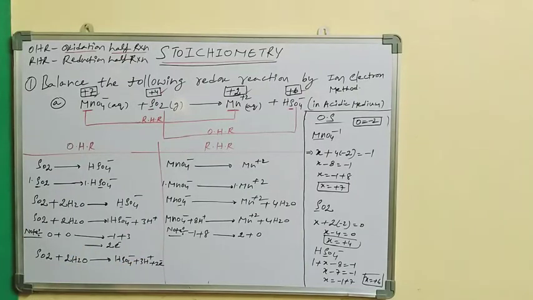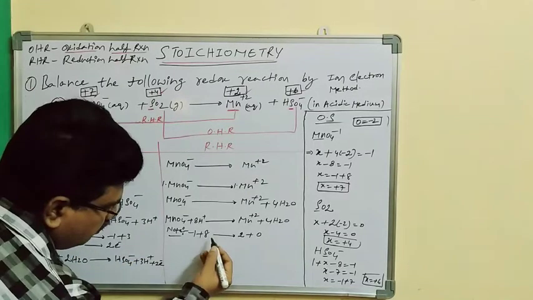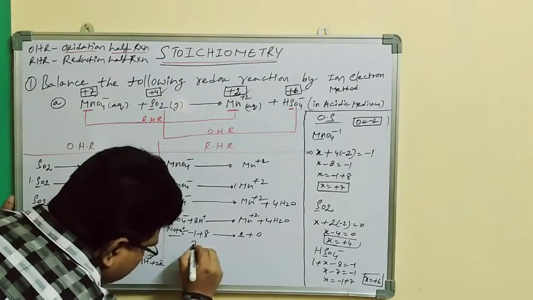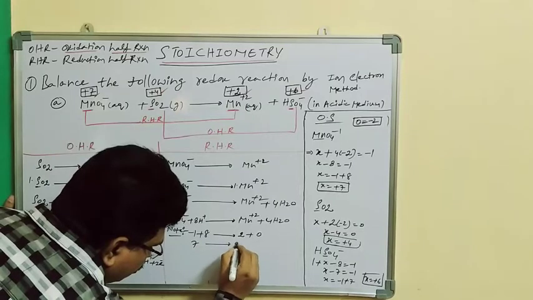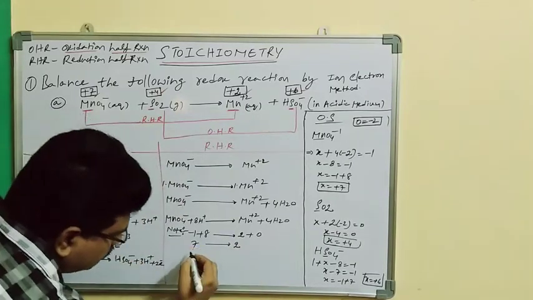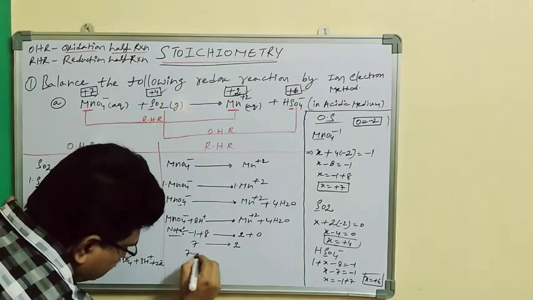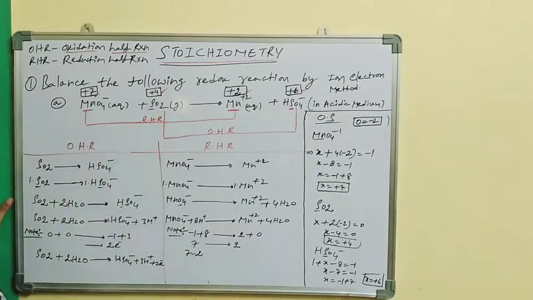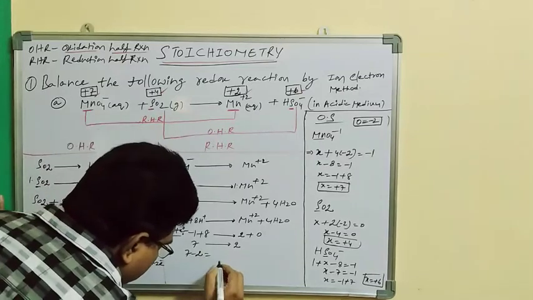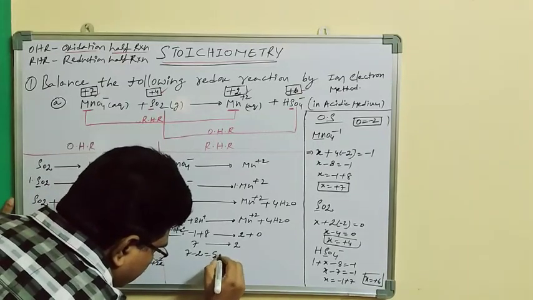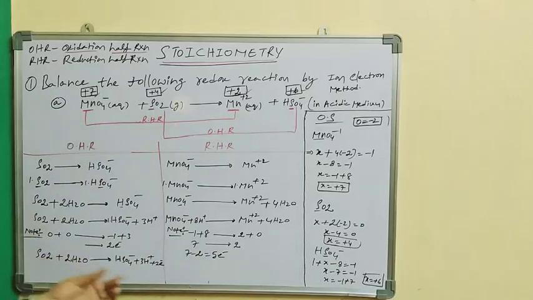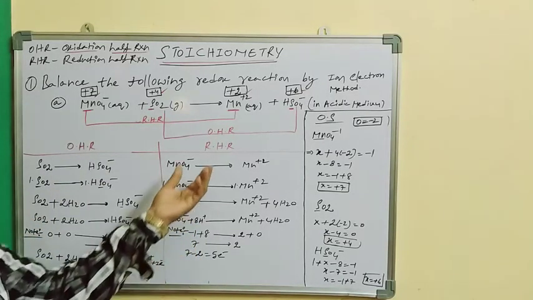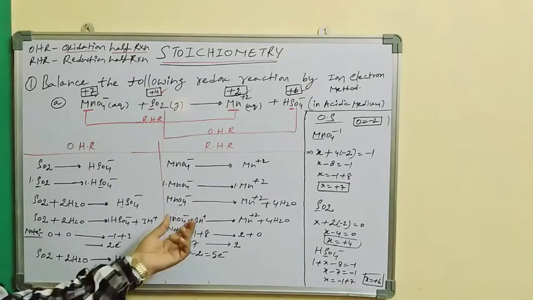Simplify: minus 1 plus 8, how much, students? 7. Here we got 2. Take this to the left side: 7 minus 2. How much did we get? 5. These 5 electrons we have to add on the reactant side in the reduction half reaction.